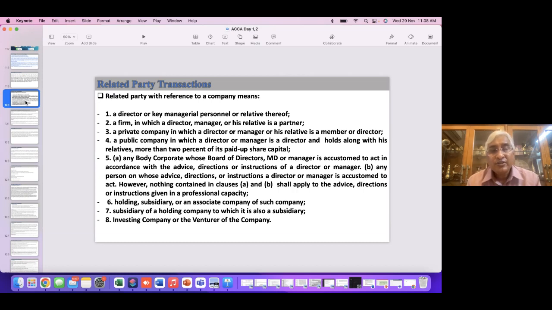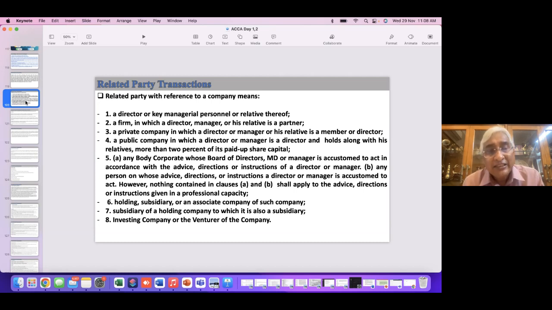Any body corporate whose board of directors, MD or manager is accustomed to act in accordance with the advice, directions or instructions of a director or manager, and any person on whose advice, directions or instructions a director or manager is accustomed to act.